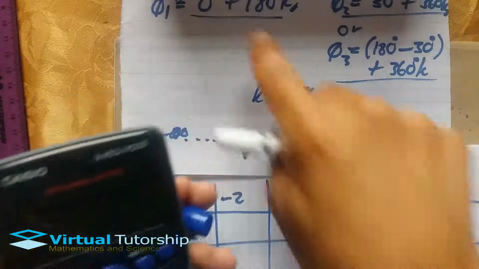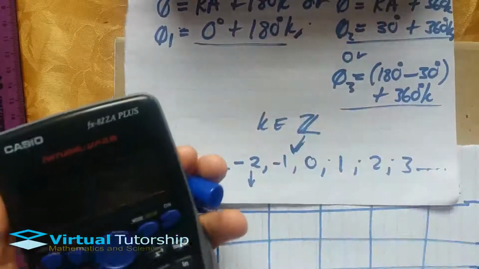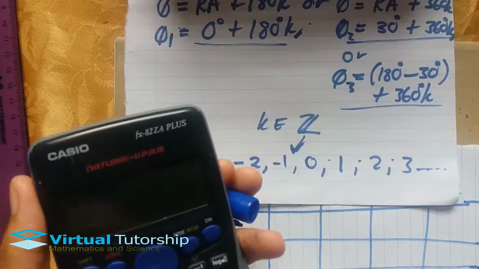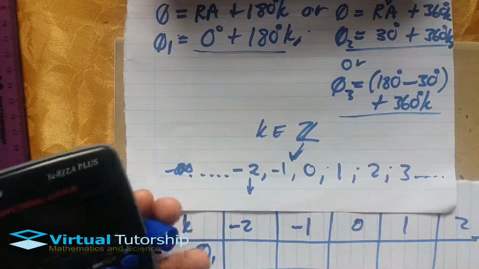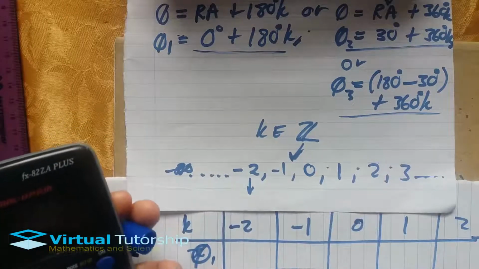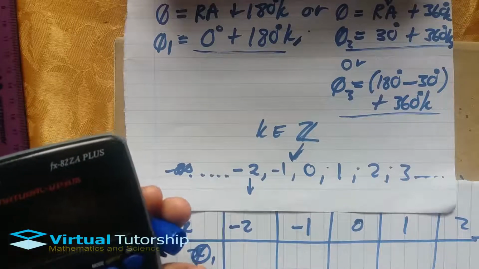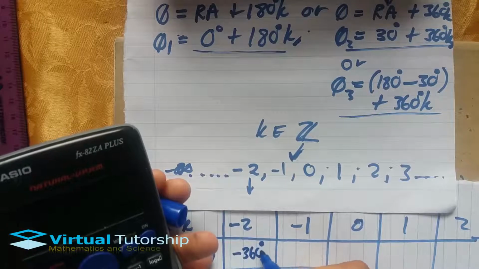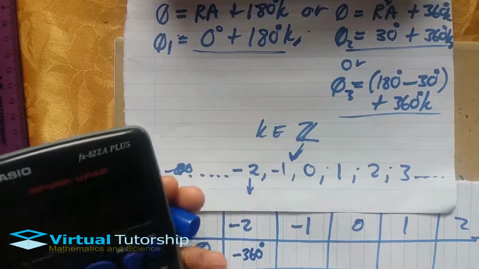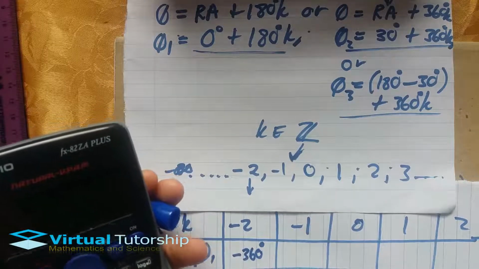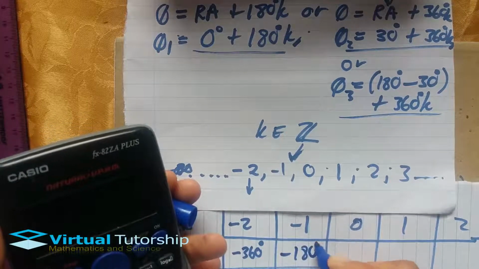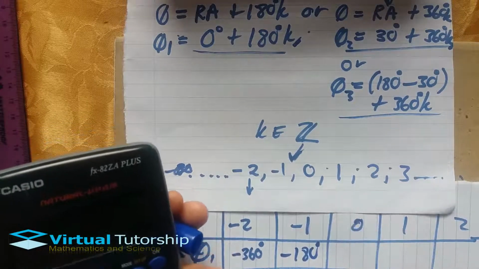Okay, asiqale ngo-theta 1. Theta 1 is equal to 0 degrees plus 180 degrees times k. K wethu ubani? Minus 2 for theta 1. So it's minus 2. Sithole ukuthi it's minus 360 degrees. Second one, k wes 2 ubani? Minus 180 degrees, ne?